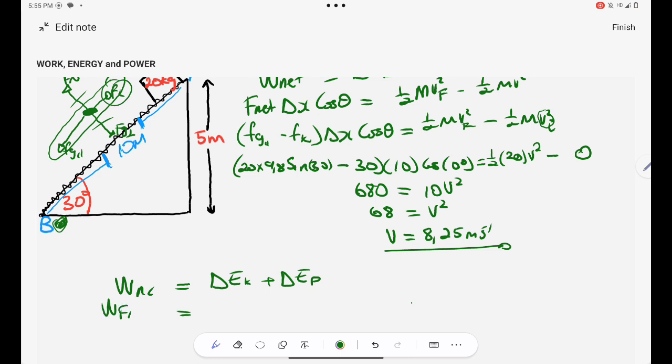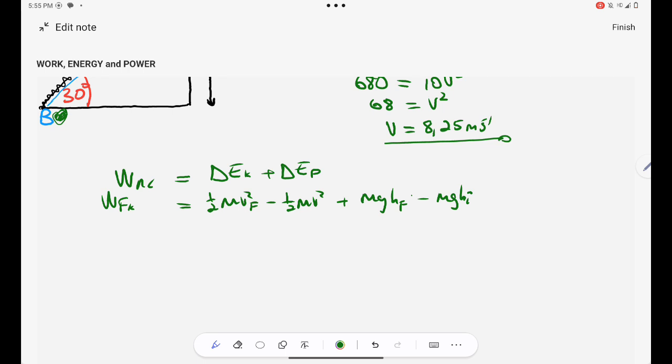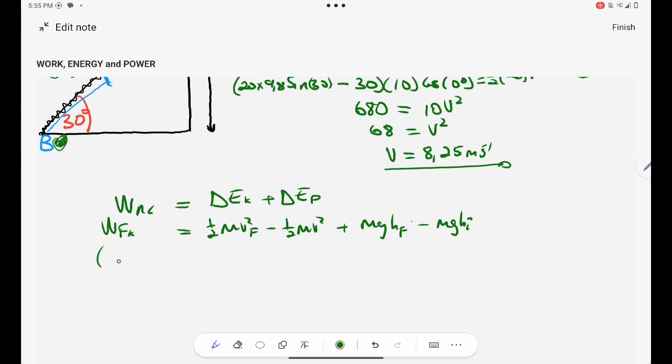So work done by friction is equal to half mv squared final minus half mv squared initial plus mgh final minus mgh initial. And I'm doing the work for you. I'm a bad teacher. I'm spoon feeding you. Okay, let's just continue.